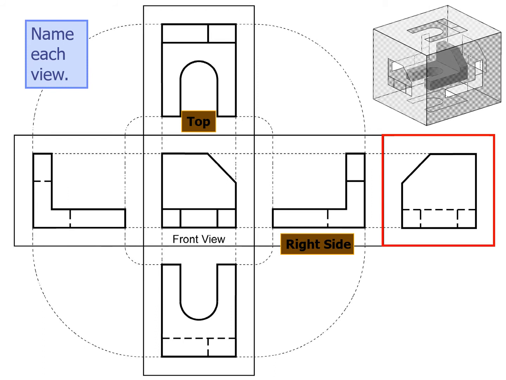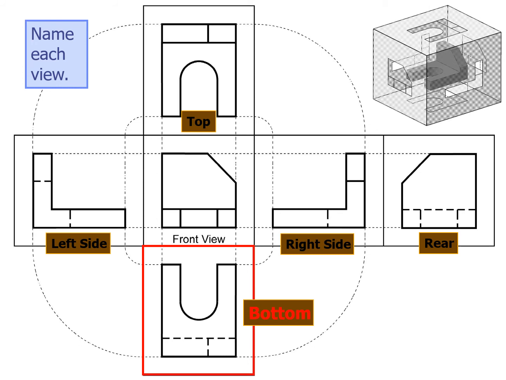The next one is more like the view over here on the back of this object. So that's what we call the rear view. And the next one over here is another side view, and that's our left side view. And the last one here is at the bottom of this object, which is what we call the bottom view.